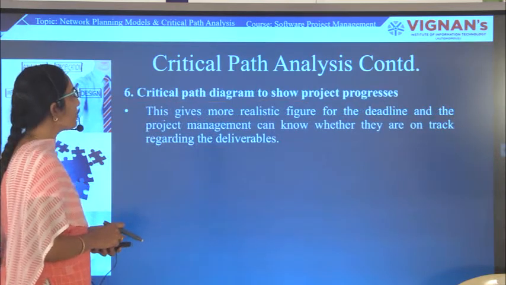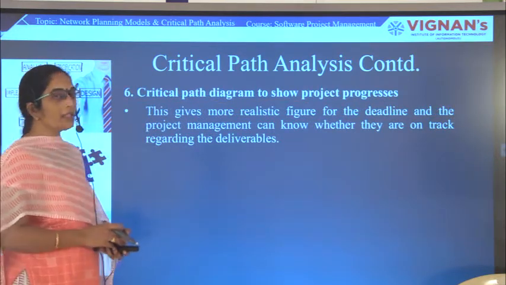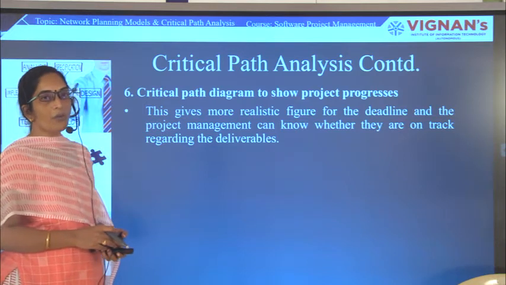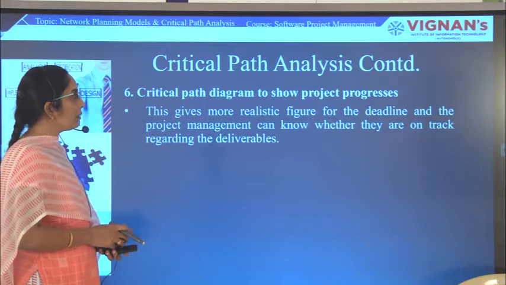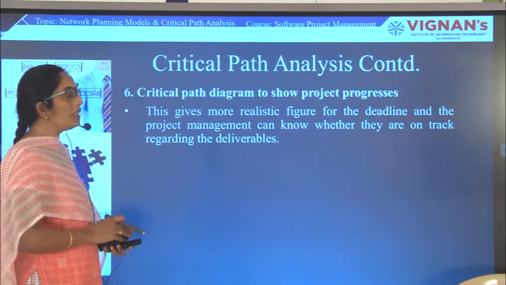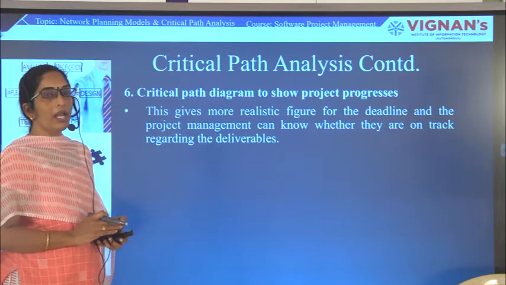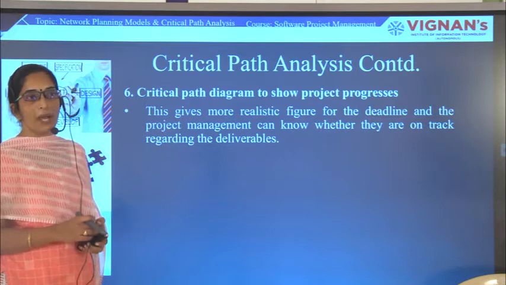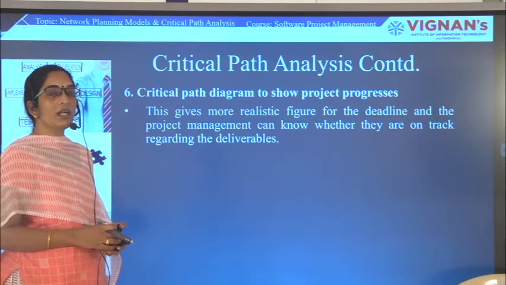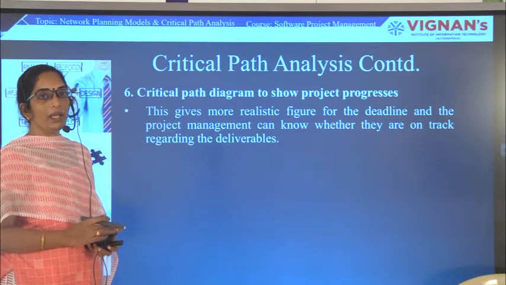The last step in critical path analysis is the critical path diagram to show project progress. The critical path diagram gives you a realistic figure of how a project will look, gives us the deadline for the project management, and also gives us the correct time at which the project can be completed.